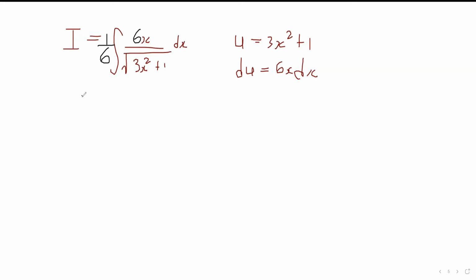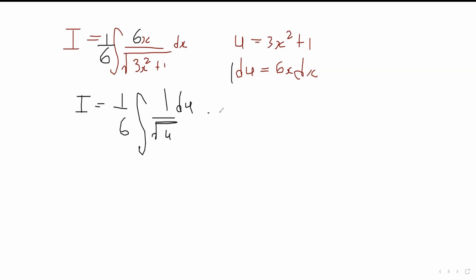So now we can write that I is equal to 1 over 6 times the integral of this 6x dx, which is our du. So that becomes 1 du, over the square root of 3x squared plus 1. 3x squared plus 1 is u. So that becomes 1 over the square root of u.